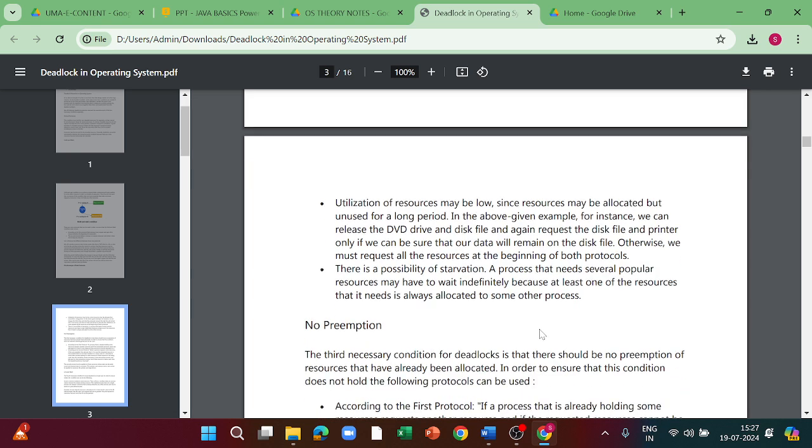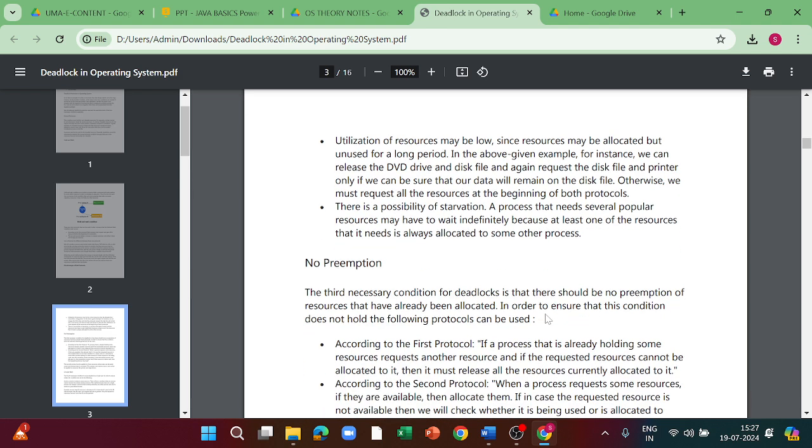Because see, when we have a DVD drive and a printer for that process initially, but we need the printer at the last time, and we need the DVD drive initially. If the DVD drive is used by some others, we cannot open the file, and at the end we only need the printer, but initially if the printer is not given, it must wait for another process to complete.